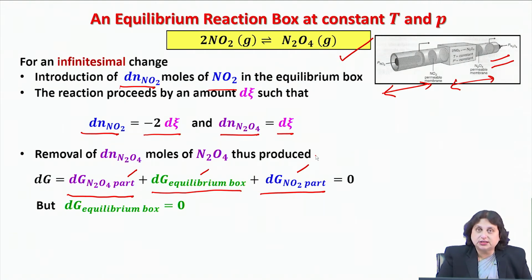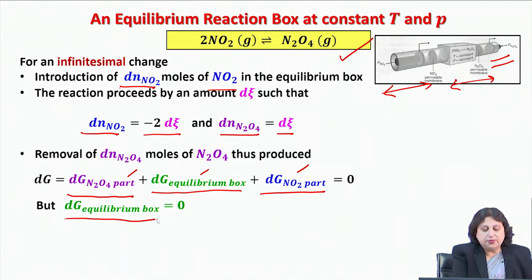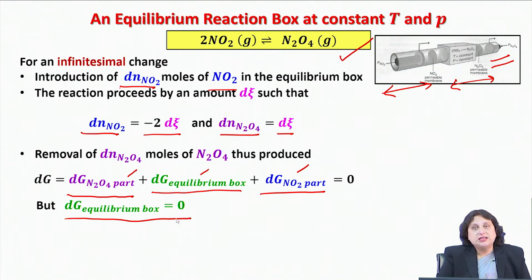And as such, the way the experiment has been designed, there is no change in the composition of the equilibrium mixture. And therefore, I must be having within this equilibrium box, dG is equal to 0.